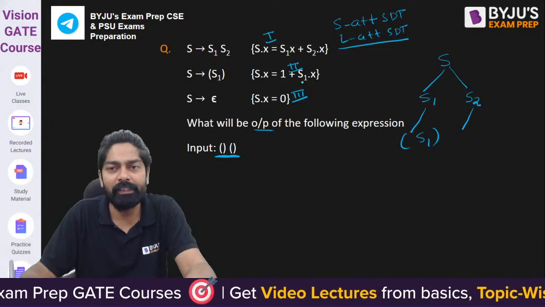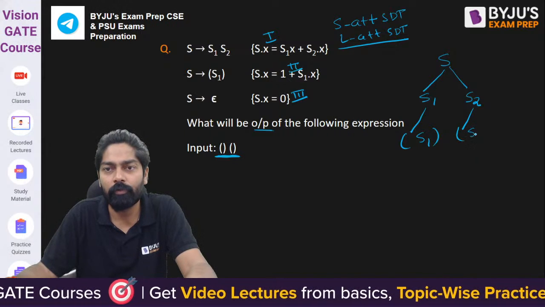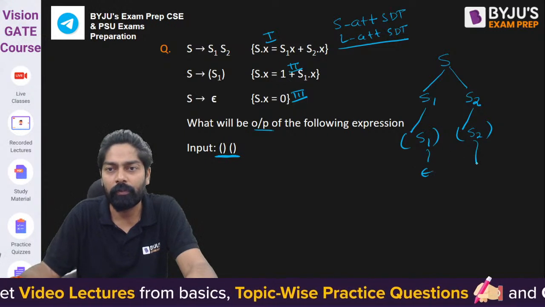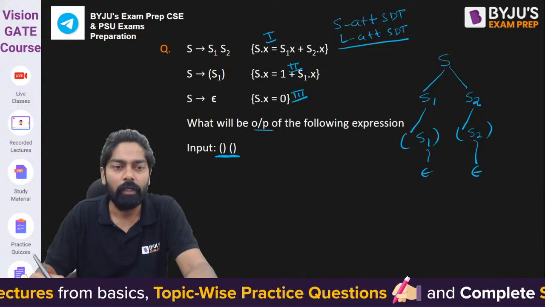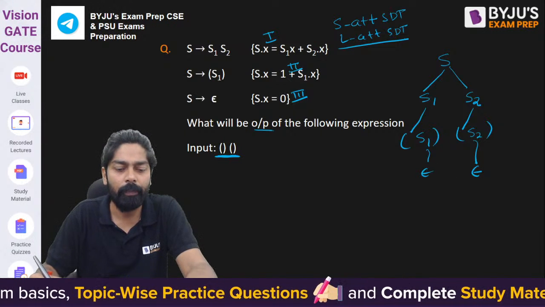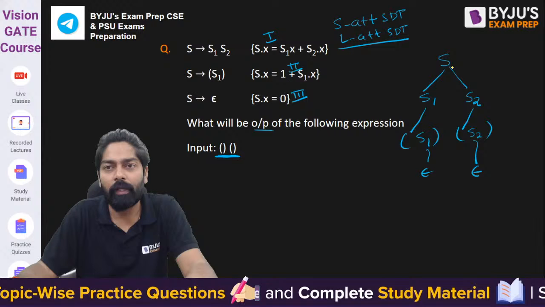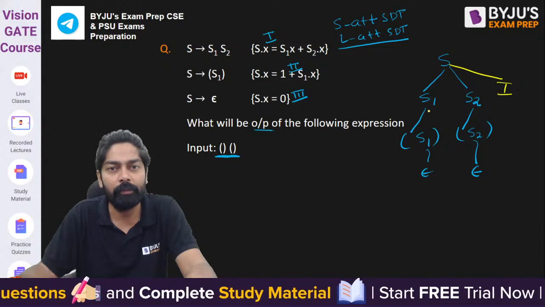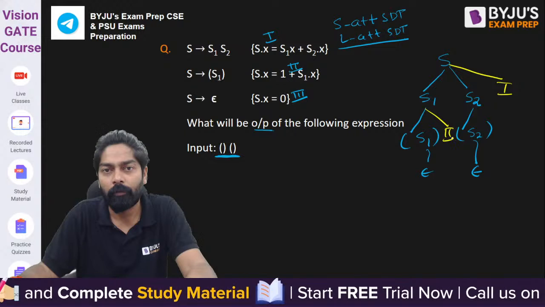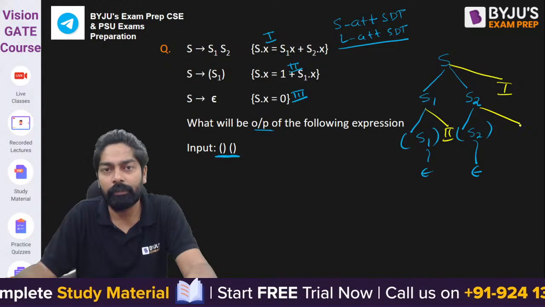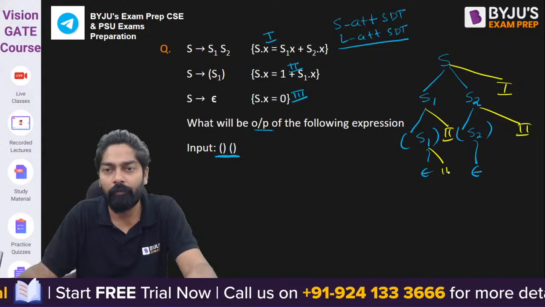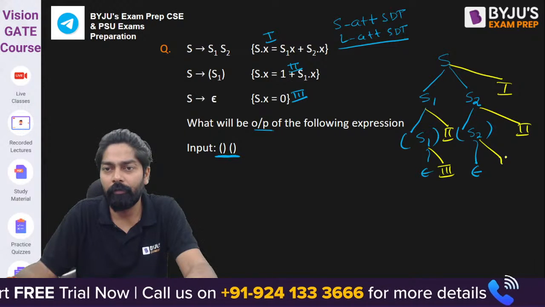Only for differentiation purposes you can write S2 here. And this goes to null, and this goes to null. Okay, this is the parse tree. So this is the first one, this is the second one, and where it goes to null, this is the third one.